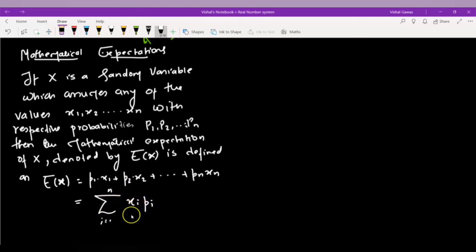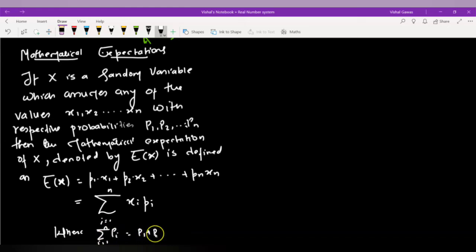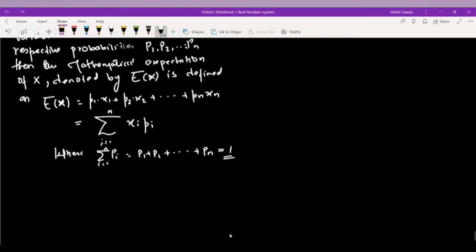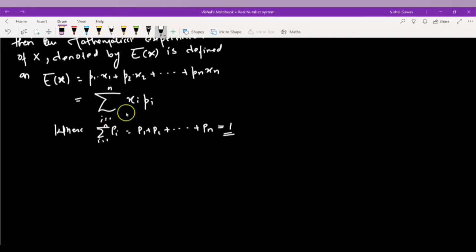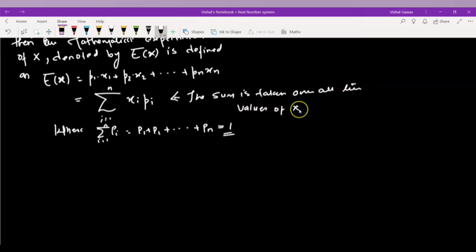Here we know that the summation of pi, i going from 1 to n, which is p1 plus p2 plus so on, all the probabilities, should be equal to 1, right? That's the idea. And this sum is taken over all the values of x.